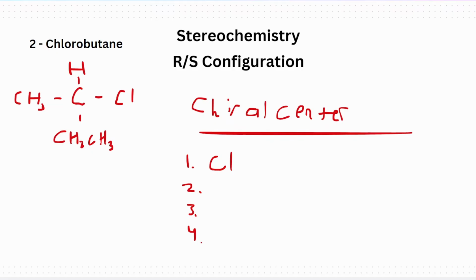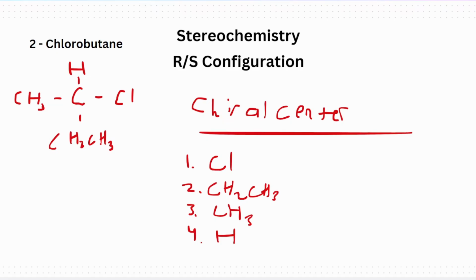Next is our ethyl group, because it has another carbon attached to the carbon, so we have 2 carbons, and that puts it right over the methyl group. So that's our second priority. Next is our methyl group, because although there's not a carbon attached to another carbon, it's still a higher priority than the hydrogen. And the hydrogen has the lowest atomic number, therefore it is going to be our last priority.